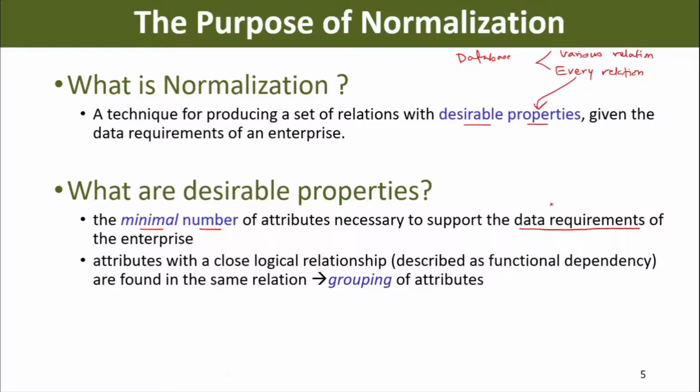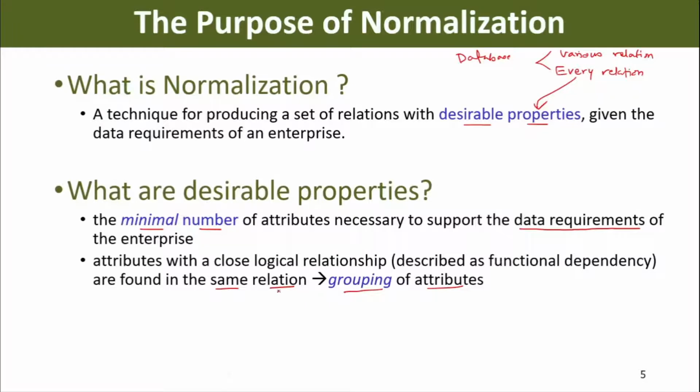Attributes with a close logical relationship need to be grouped together in the same relation. So if I have several attributes, and a few of them are very closely related, then we should group those attributes and come up with a single relation containing them.